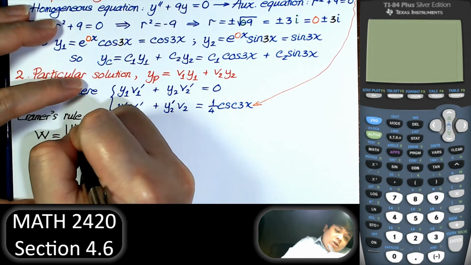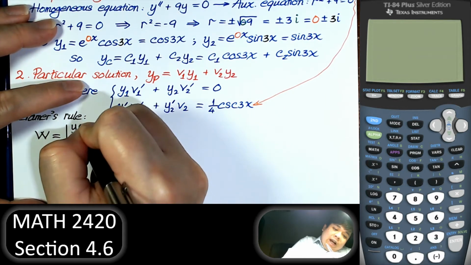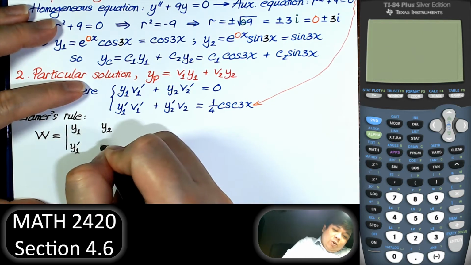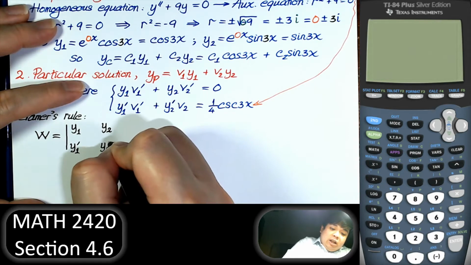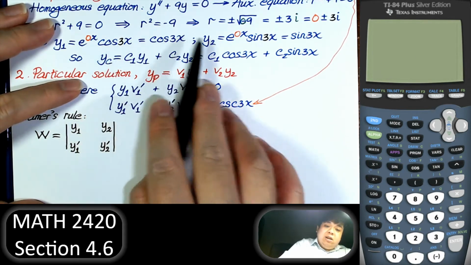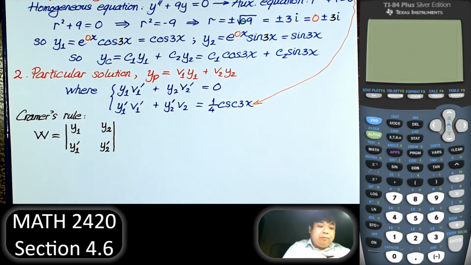So this is just a Wronskian. And we know that this is not equal to 0, because if this is equal to 0, they are not linearly independent. Because these two are linearly independent, the Wronskian is not going to be equal to 0.